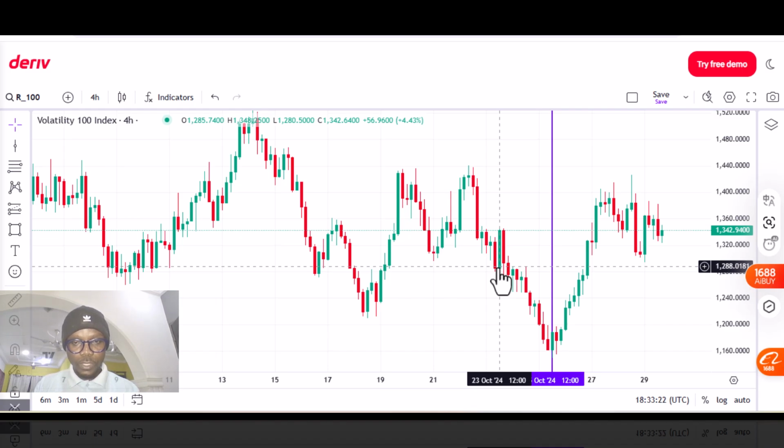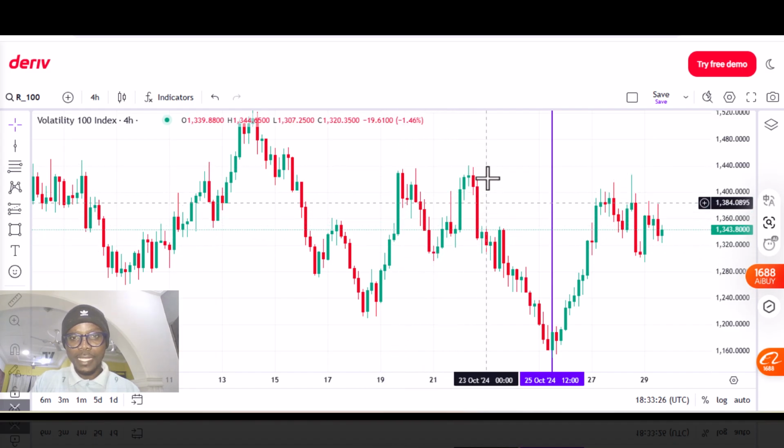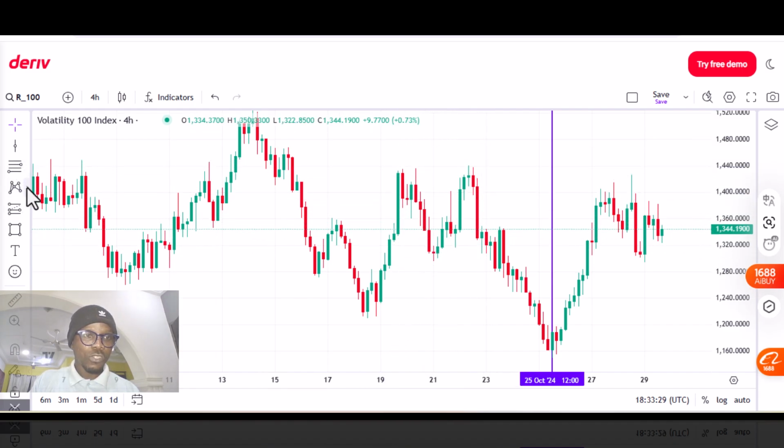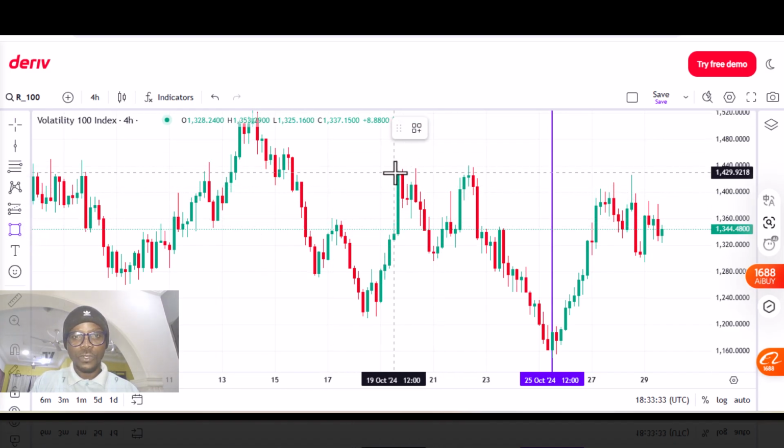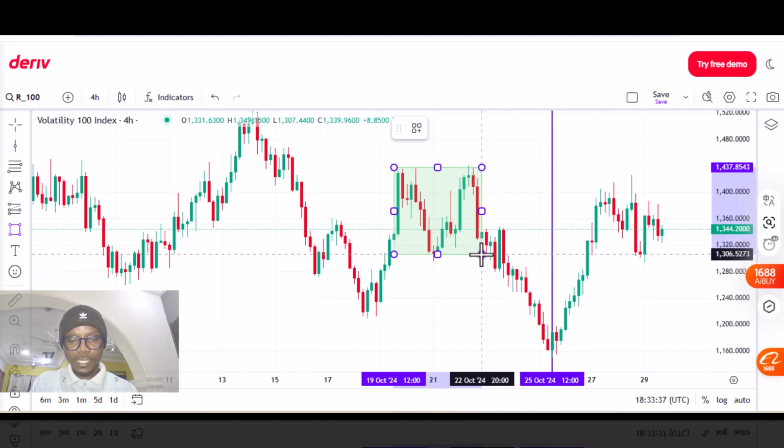Okay, two important stages. So first of all, we are looking at this stage as the accumulation. Now, it's not so easy sometimes identifying the accumulation phase of the market maker models. Okay, but this is the consolidation that happened first before the market actually took off.